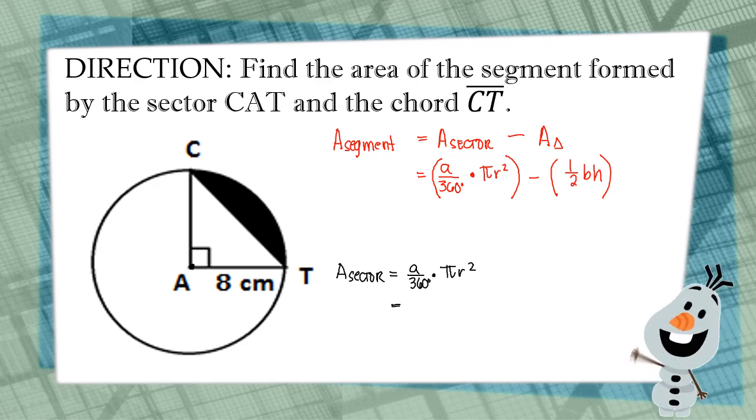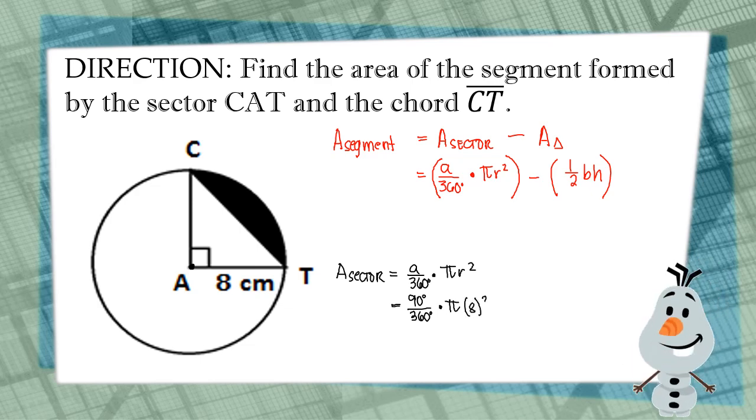Therefore, since it's a central angle, its intercepted arc would be 90 degrees as well. So 90 degrees over 360 degrees times pi, and our radius is, as given here, segment AB, which is 8.